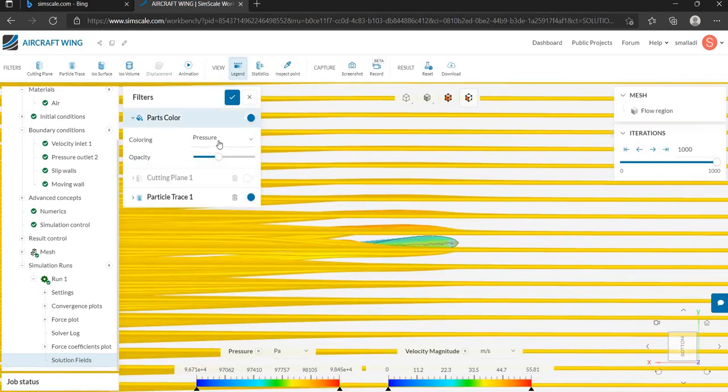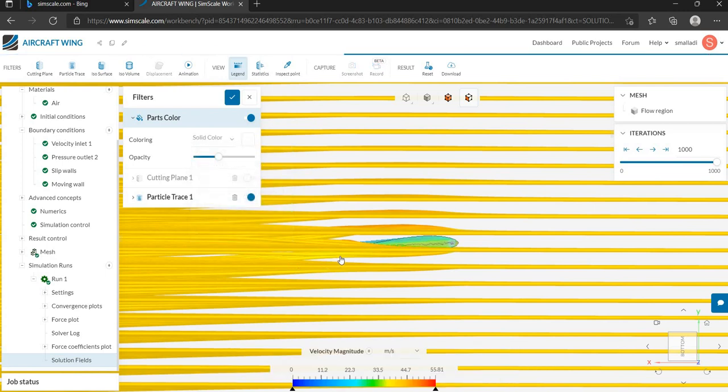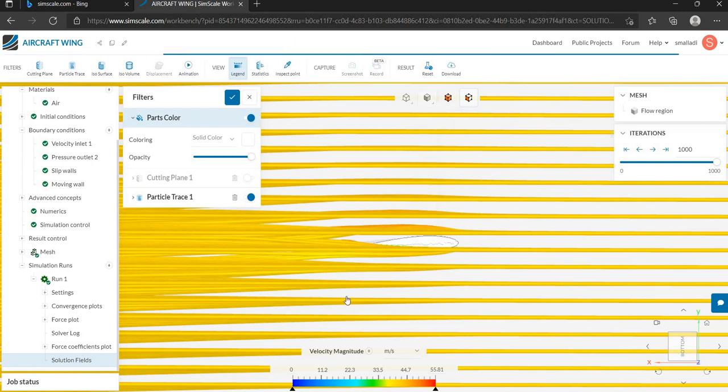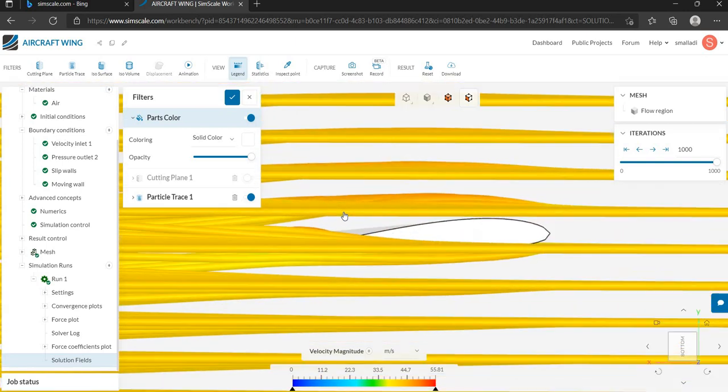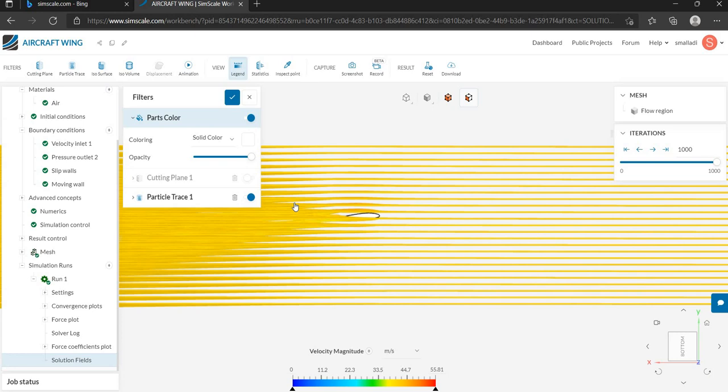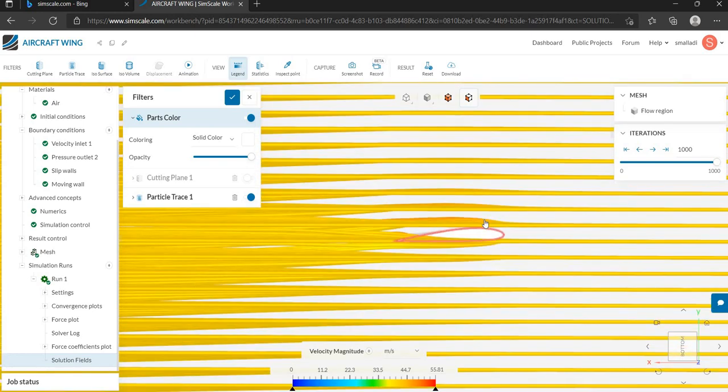In parts color, select solid color and select surfaces with wireframe. Here you can see the streamlines flowing over the upper surface and the lower surface of the wing.